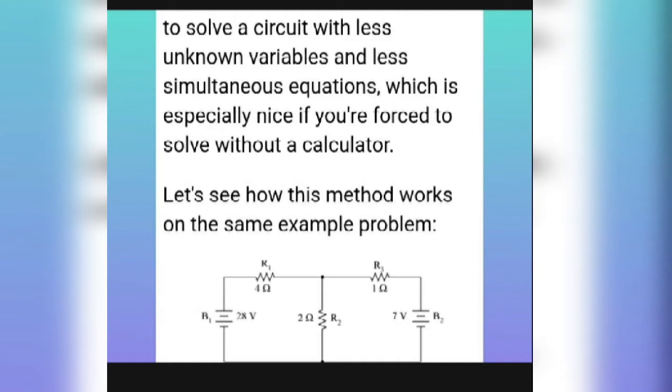R1 is a 4 ohm resistance, B1 is a 28 volt battery, R2 is a 2 ohm resistance, R3 is a 1 ohm resistance, and the other battery is a 7 volt battery.